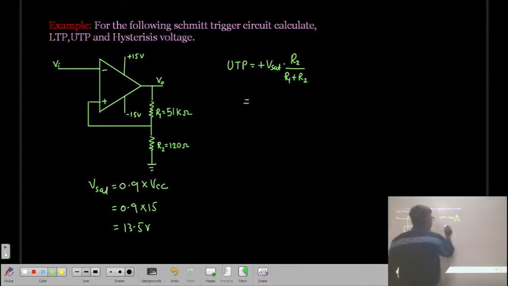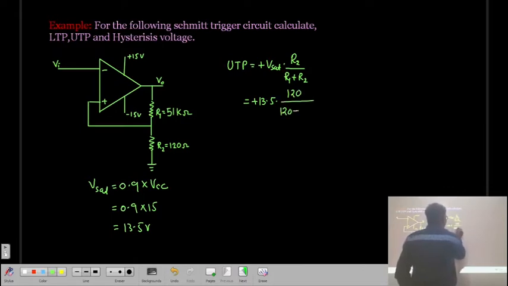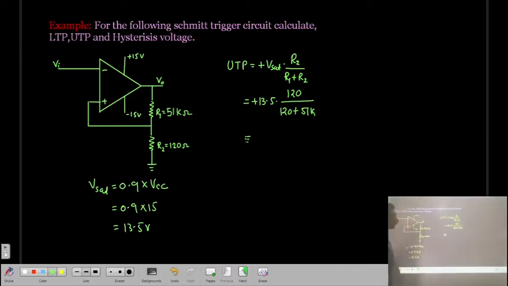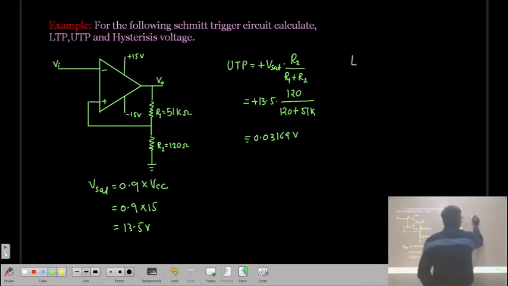So here, the UTP is plus 13.5 into R2, 120 ohm, divided by 120 plus R1, which is 51 kilo ohm. If we calculate this, it will come out to be 0.03169 volt. In the same way, we can calculate the LTP.